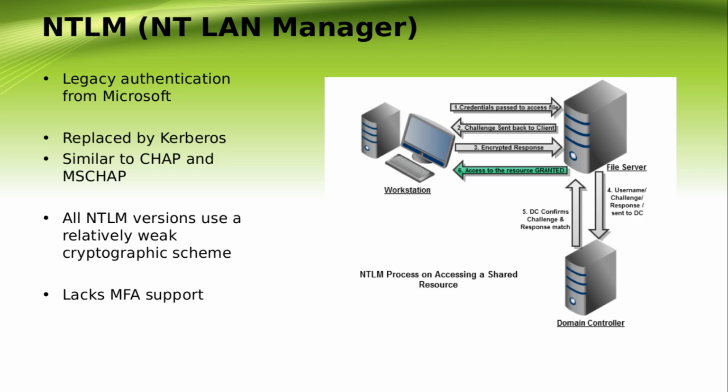So the NTLM authentication process has five important steps. The client sends the username to the server. In the picture you can also see that. Then the server generates a challenge and returns it to the client, and then using the user password, the client encrypts the challenge and sends a response to the server.